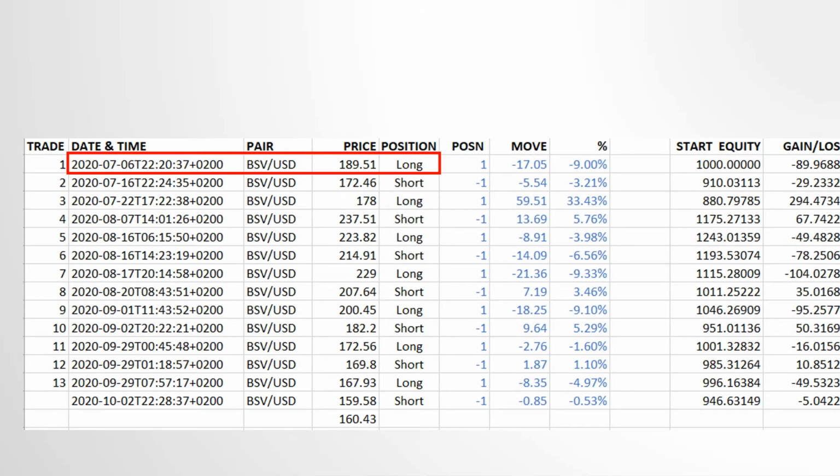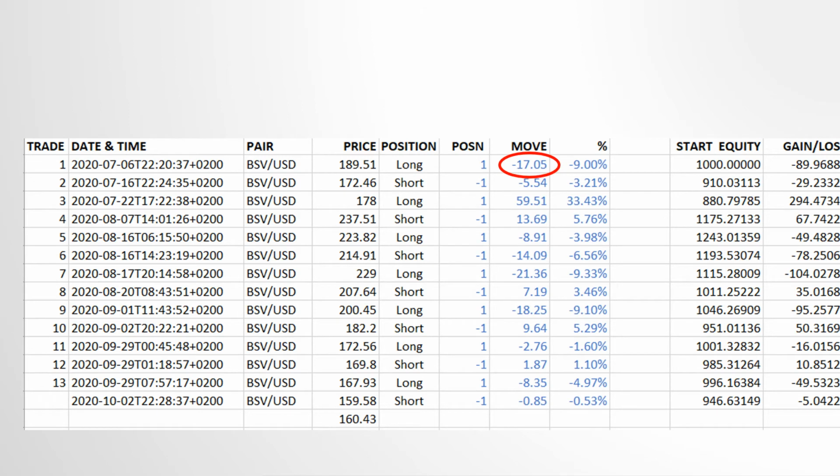Okay, so let's have a look at Bitcoin SV. BSV over the US dollar back on the 6th of July, 2200 hours. We went long at a price of 189.51 US dollars. 1 indicates long and -1 is short. So for that particular trade, we bought in at 189.51. It dropped to 172.46.